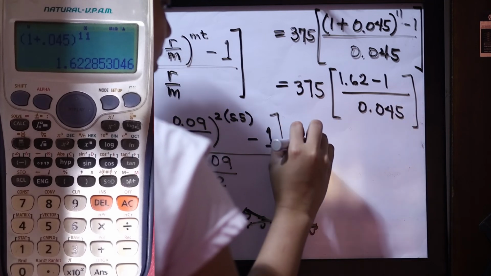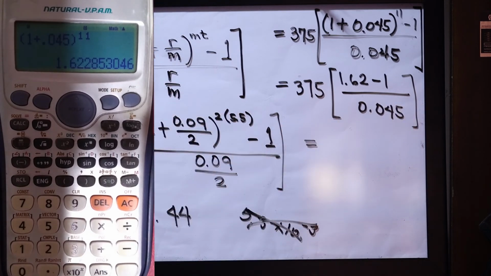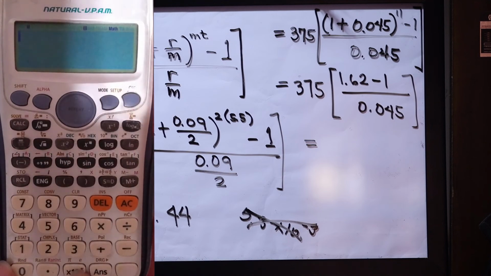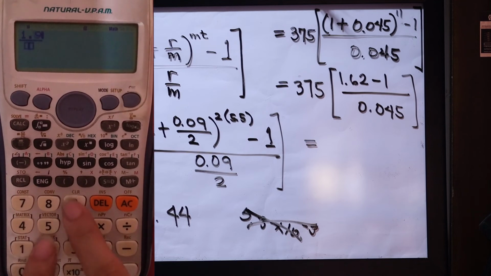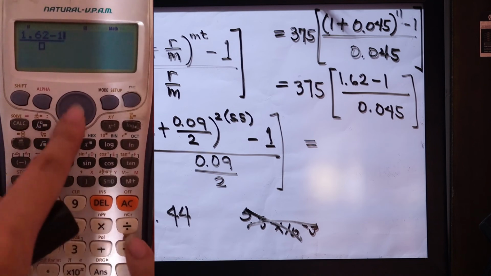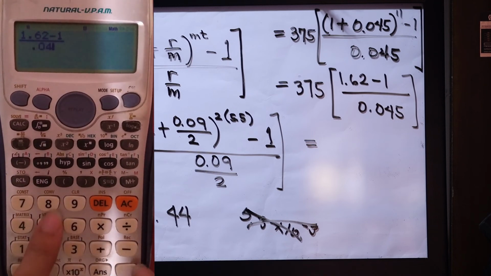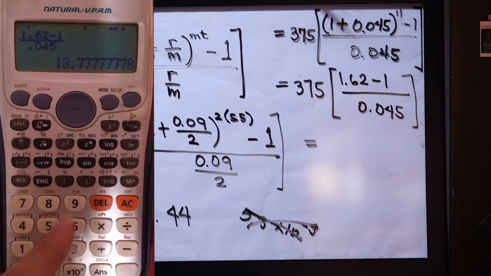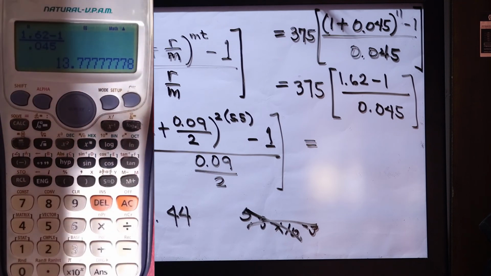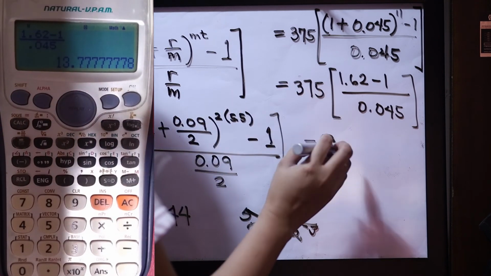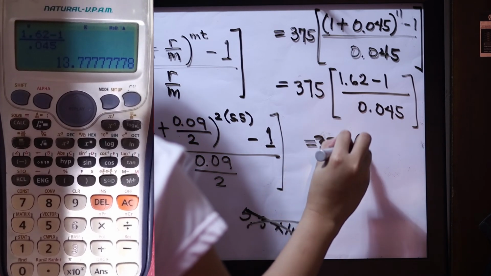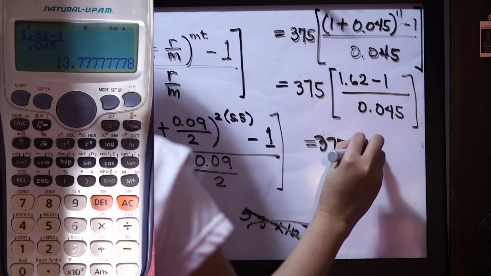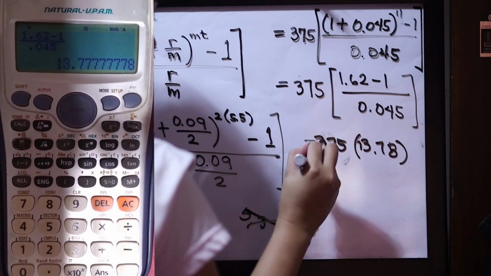The answer is, solve tayo. So 1.62 minus 1 all over 0.045. So the answer is 13.78. So 375 multiplied by 13.78.